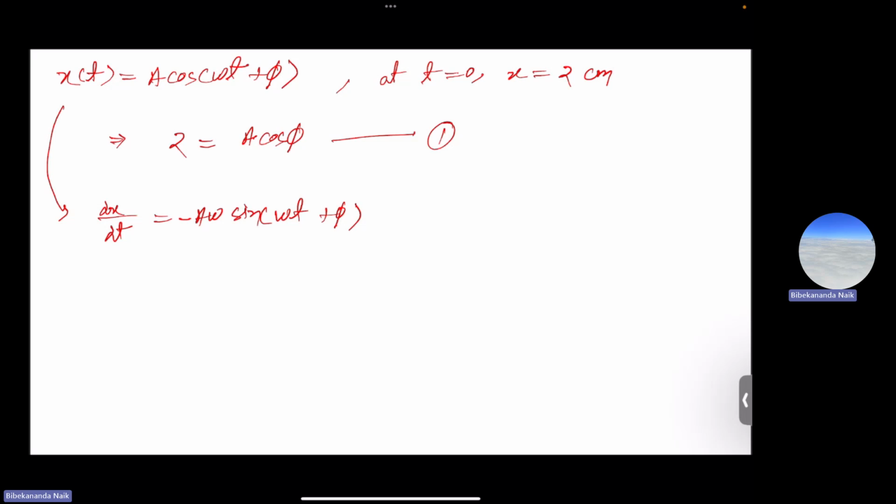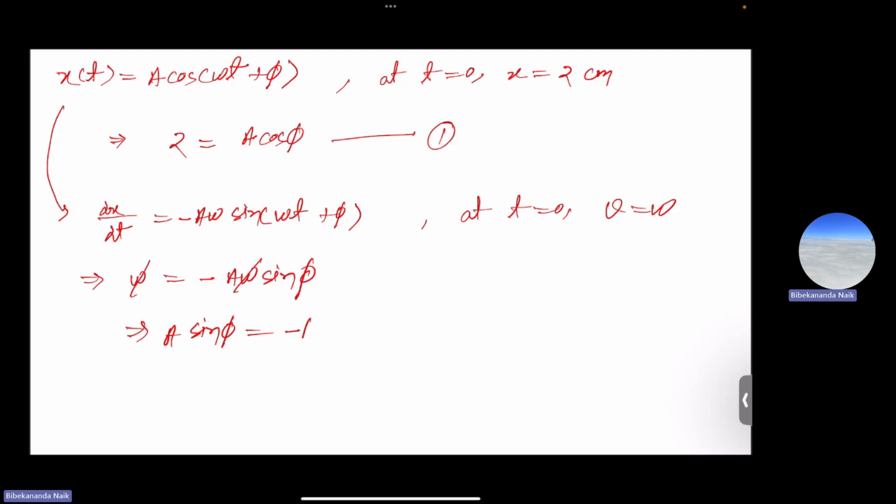So here also it was given that at t equals 0, v equals omega. So omega equals minus a omega sine phi, or a sine phi, with omega getting cancelled, is equal to minus 1. Now we have a cos phi equal to 2 and a sin phi equal to minus 1.